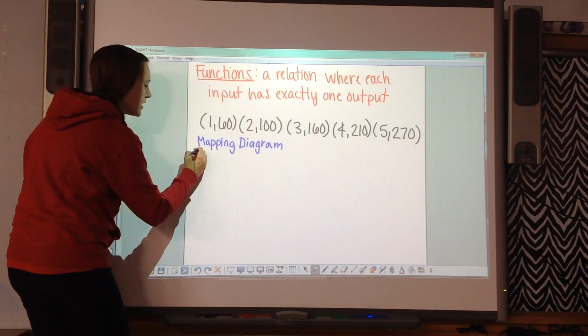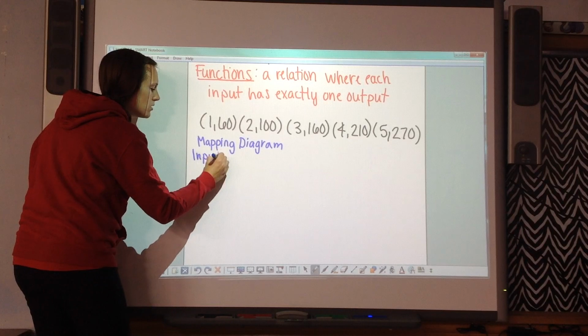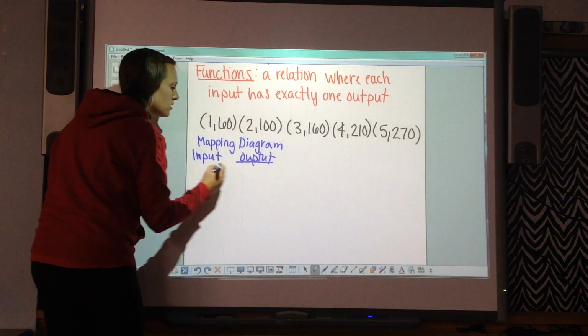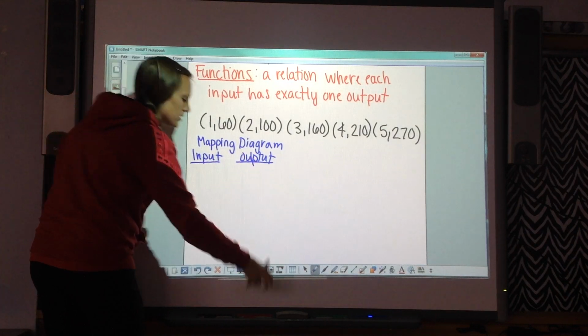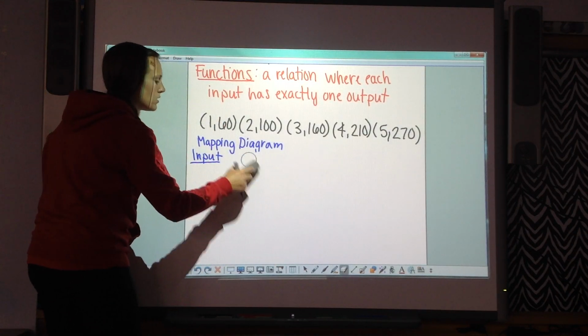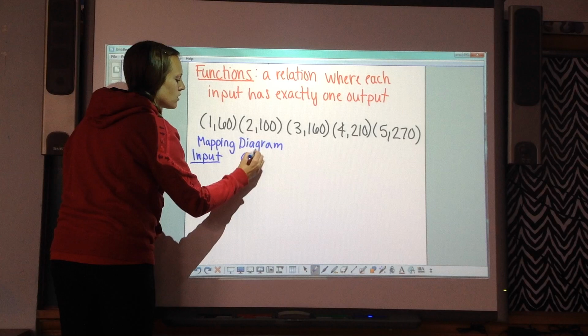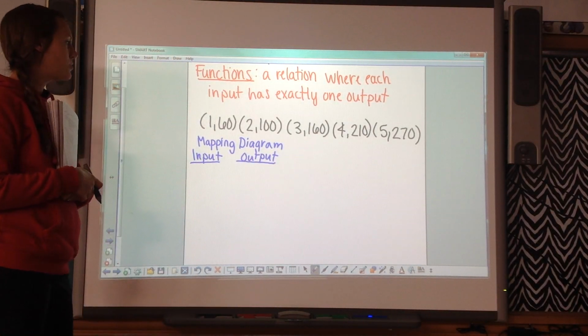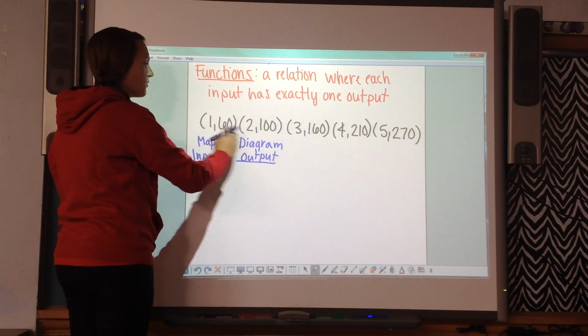Okay, so I'm going to list my inputs and my outputs. Output, I spelled that wrong, sorry. Much better. Okay, so my inputs need to go in numerical order. It looks like I have 1 through 5.